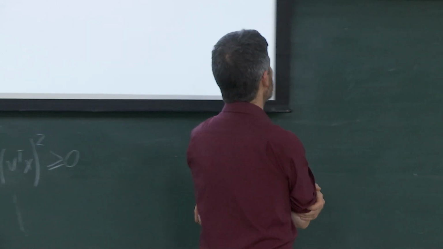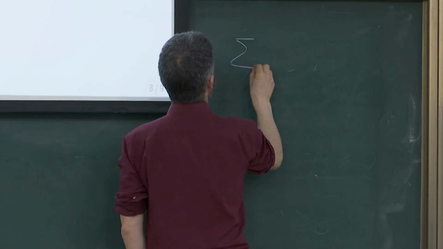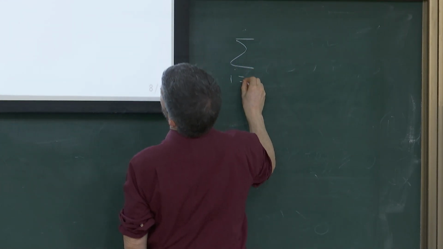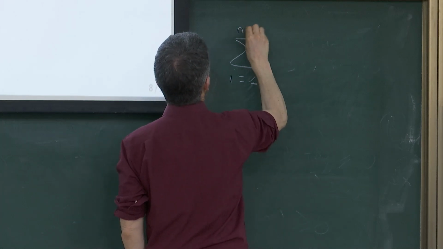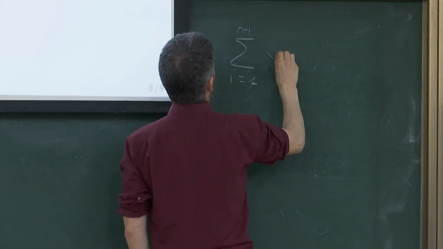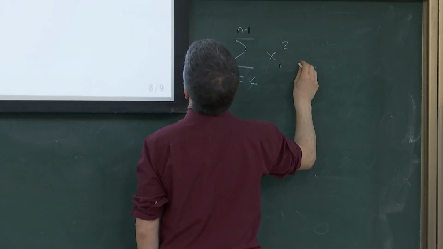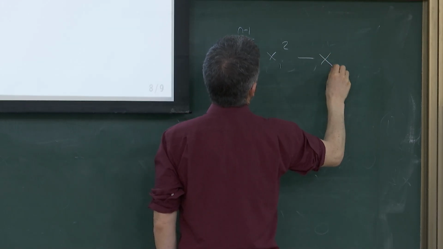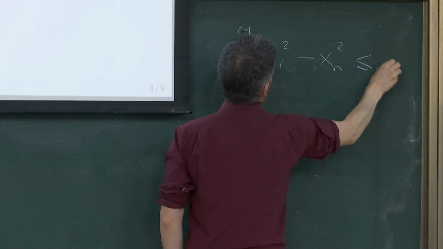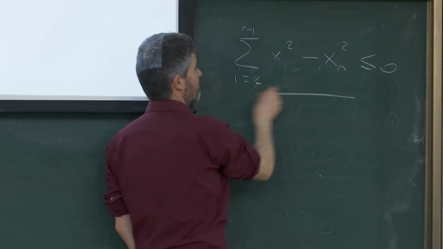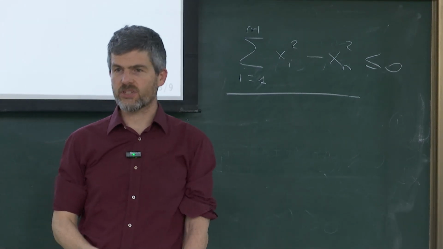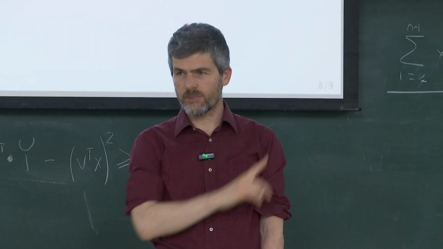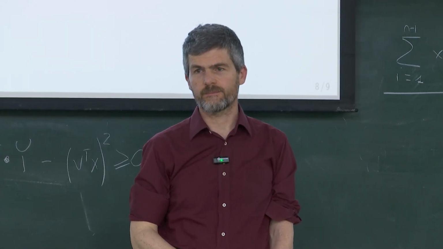If you write simply this cone, the sum for i from 1 to n minus 1 of xi square minus xn square less or equal than 0, applying outer approximation to this is incorrect because that is not a convex function.